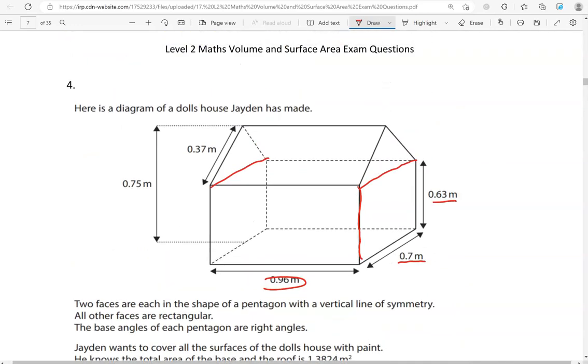Now, the triangle, the base of the triangle is equal to 0.7, because these two lengths will be the same. So 0.7 meters, and the height we can work out because we are given that from this point to this point, this is equal to 0.75 meters.